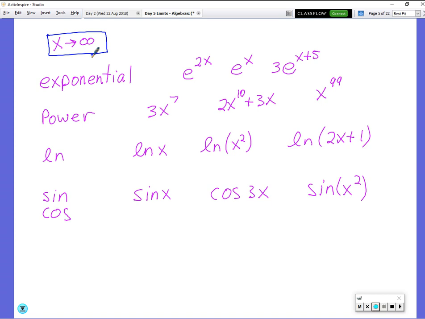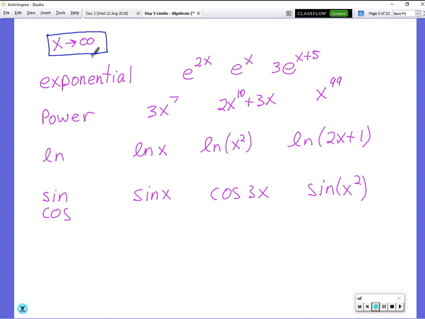It would also apply if x were headed in the negative direction, because one way to think of a negative number is that it's very large as well, just negative. So if x is becoming very, very large, either positive or negative, you can use the following fact to help you solve the problem. The types of functions you're likely to analyze will be exponential, power, natural log, sine or cosine, or some combination of those.